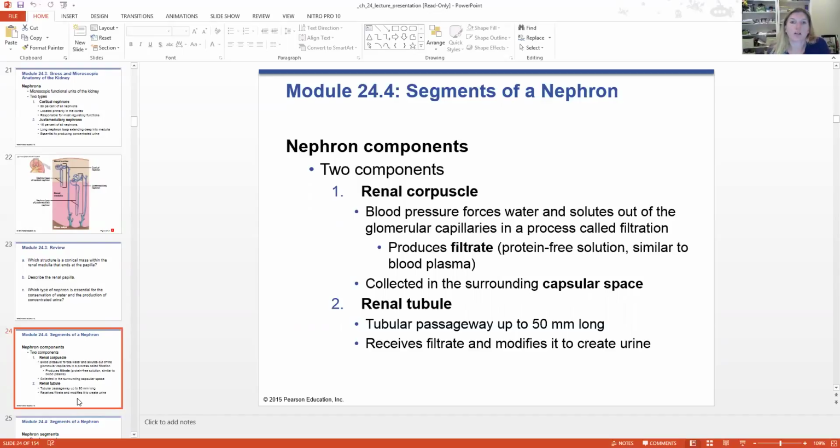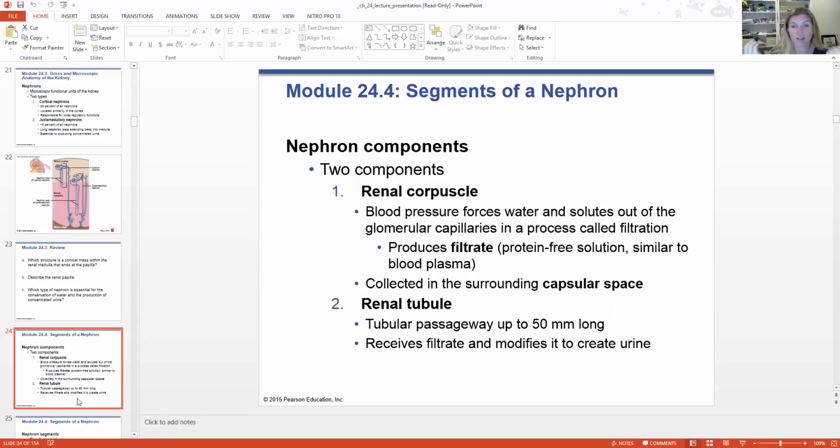So let's talk components of the nephron here, and then, as you're going back and reviewing, you can sketch out the structure of a nephron. So we have a renal corpuscle. The renal corpuscle is this area that collects the filtrate. It has a capillary network inside of it, and we'll talk more about this capillary network in a minute.